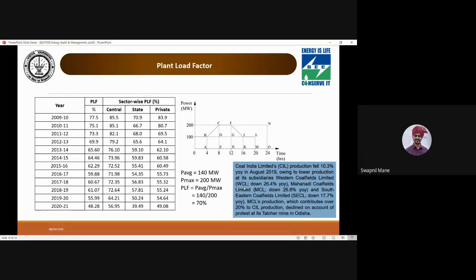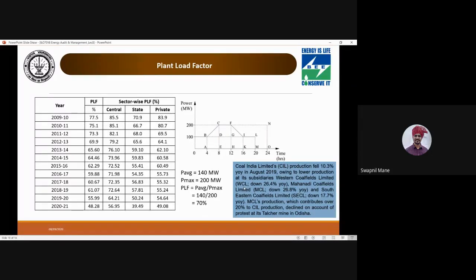MCL's production, Mahanadi Coalfields production, which contributes over 20% to CIL production, declined on account of protest at its Talcher mine in Odisha. So you see the impact of a protest at some place in Odisha affected the plant load factor.